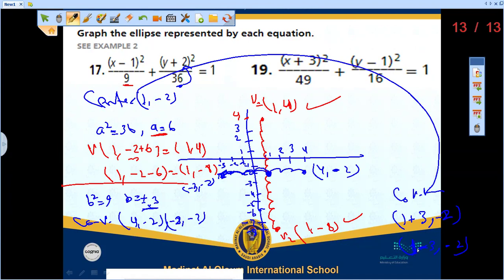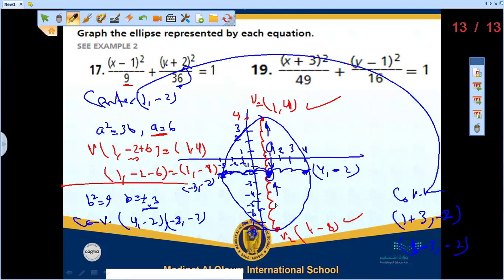Okay. Now I made the ellipse like this. Now, guys, the main idea here: I put the vertex and the goal, and I check the direction. If the greater is with y, I go up and down by a.